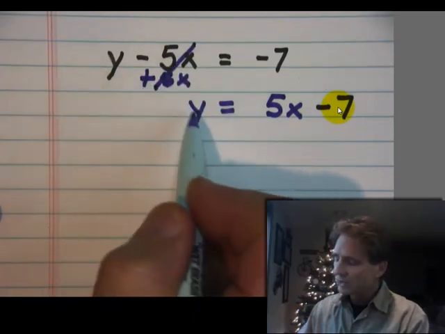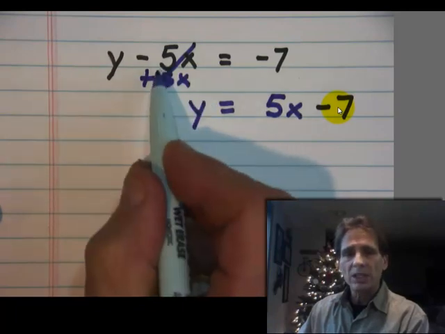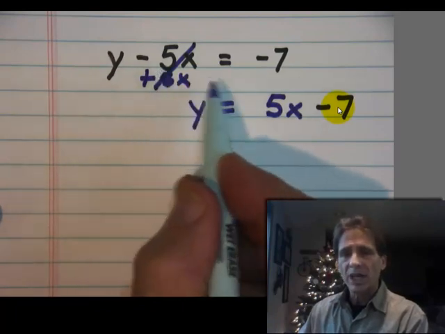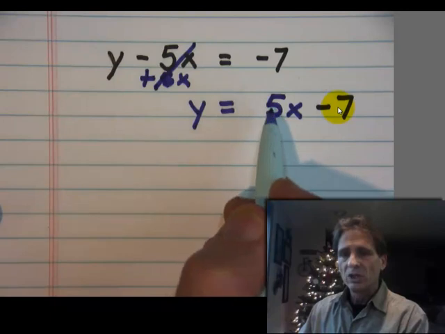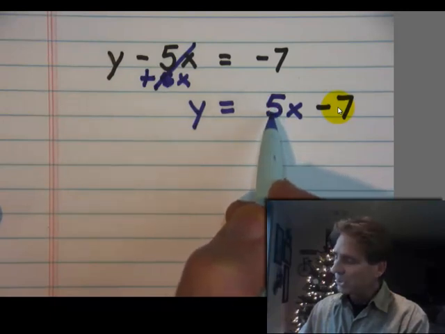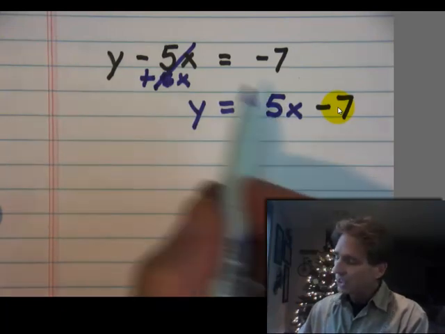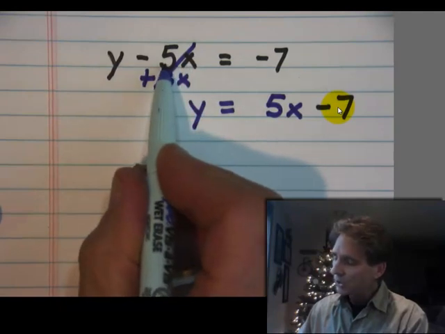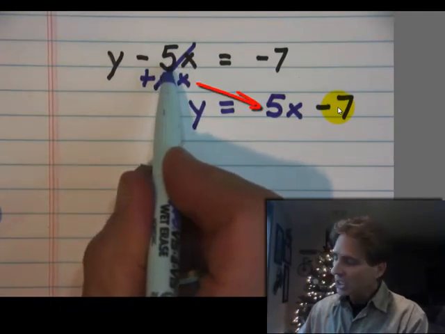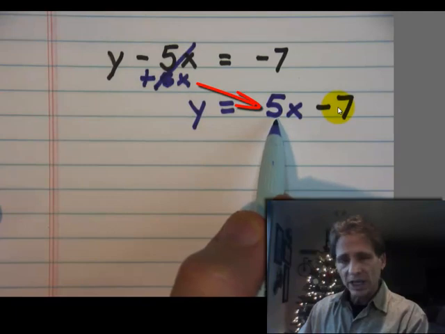That's why we had y by itself. But if you add it on this side, you have to add it on this side of the equals. So that's why we ended up with a plus 5x on this side. So again, the quick method of rewriting in y = form is that you can remove a term on this side if you write it on the opposite side with the opposite sign.